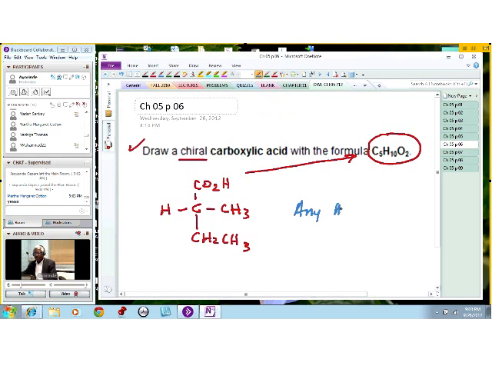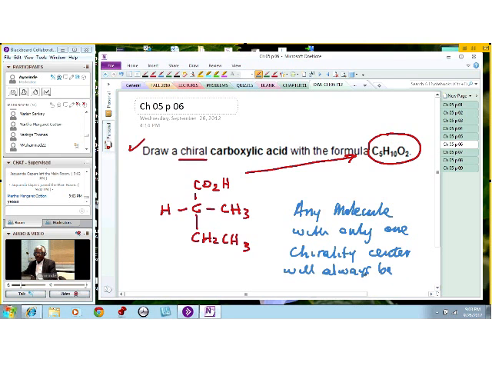Any molecule with only one chirality carbon or center will always be chiral. In other words, that molecule will not superimpose on its mirror image.